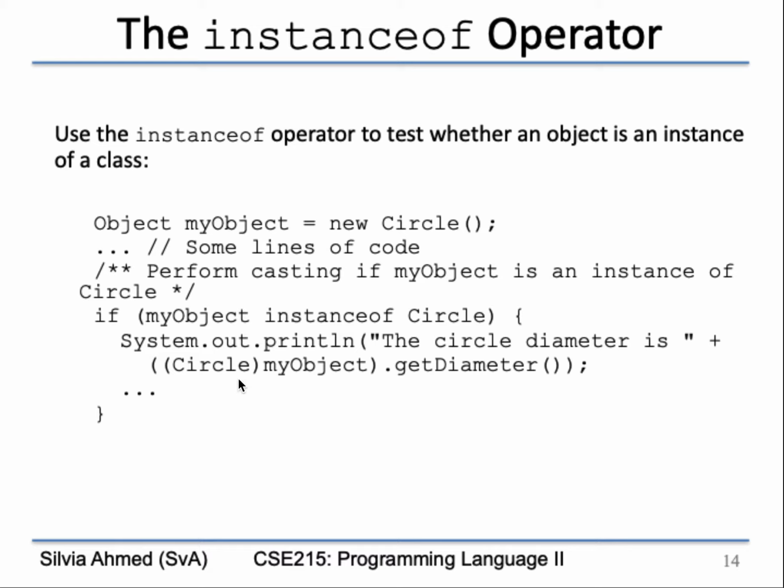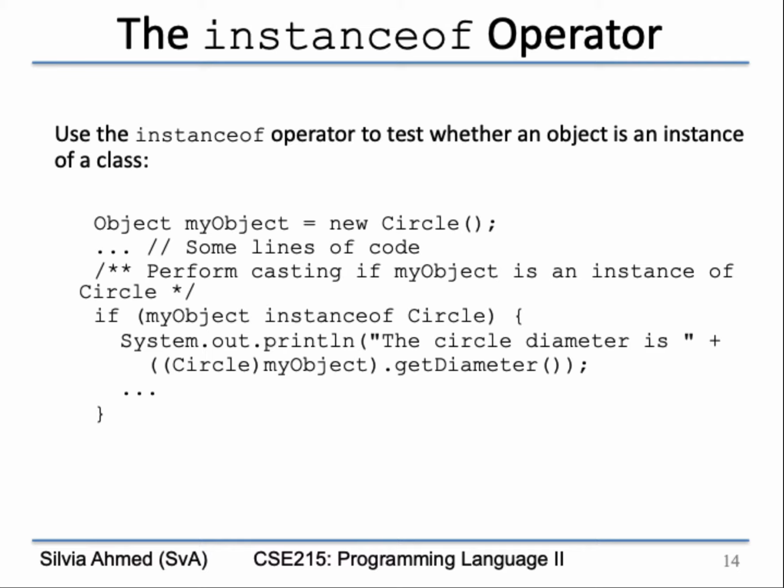But before casting, we should always put it inside an if condition: if myObject instanceof Circle, then only cast it into Circle. Along these coding lines, myObject's type can change and it can become a Rectangle or a Student, and a Rectangle or a Student cannot be cast into Circle.